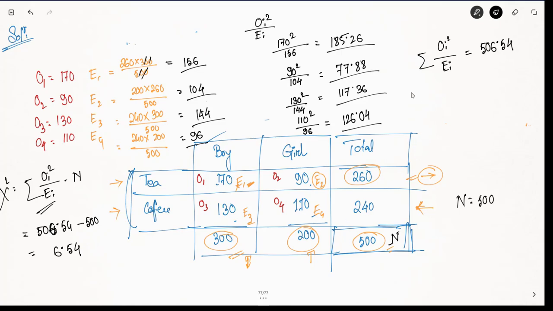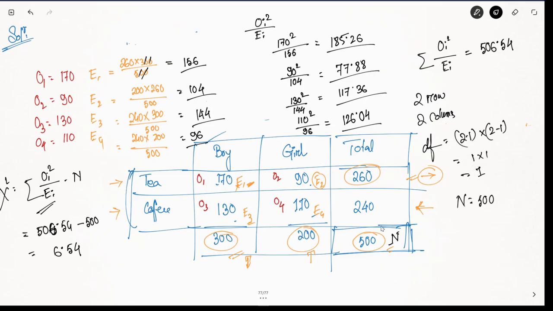Now this is a 2 by 2 contingency table. That means we have 2 rows and 2 columns. And I said that the degrees of freedom in case of chi-square is number of rows minus 1 into number of columns minus 1. So this will be 2 minus 1 into 2 minus 1, which is 1 into 1, which is 1, right?